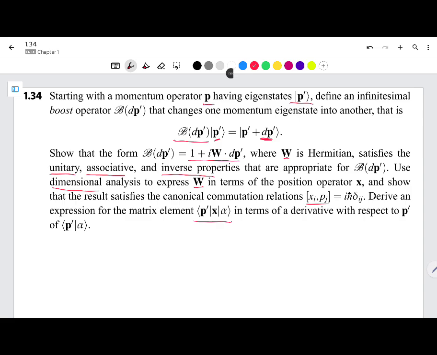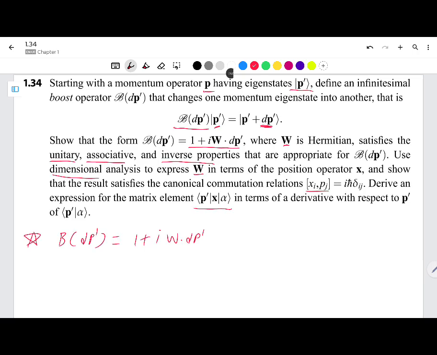Okay, fine. So let us start with this. So we know that from unitarity, B B dagger and also B dagger B is 1.